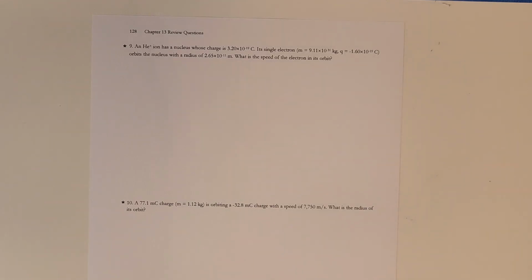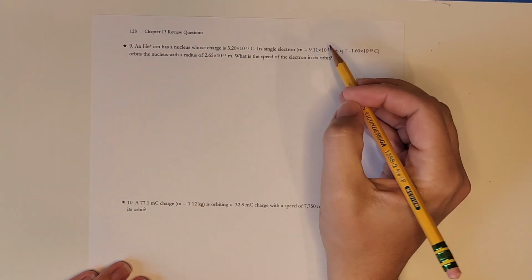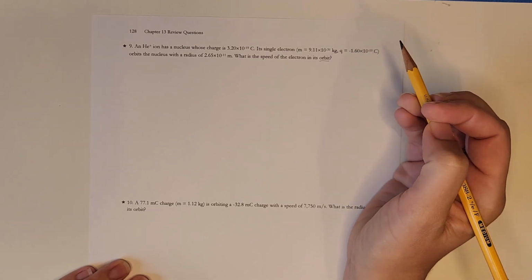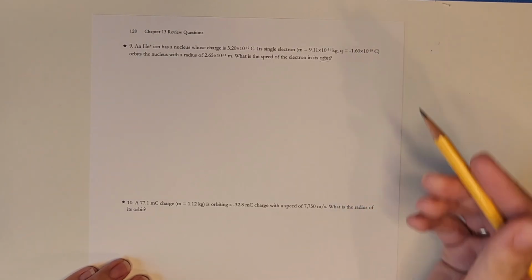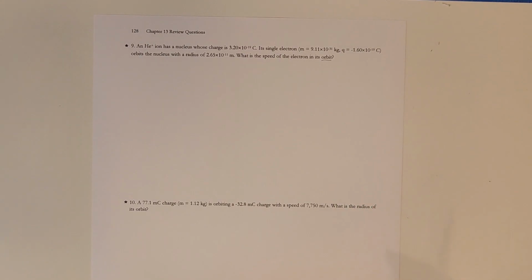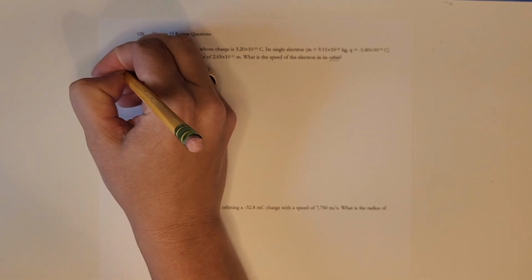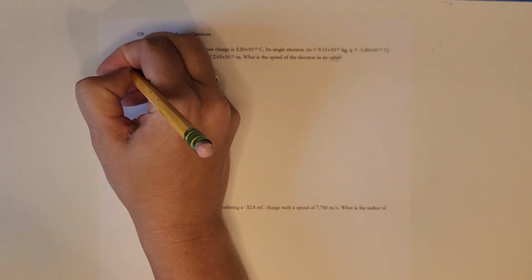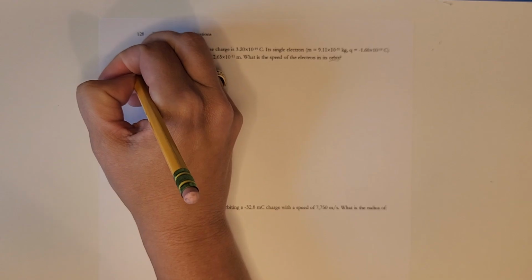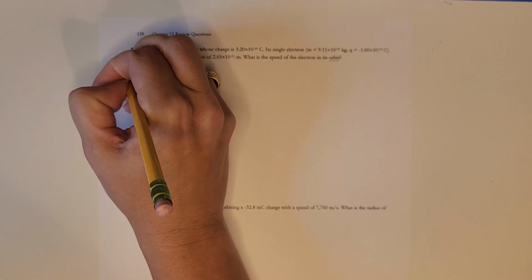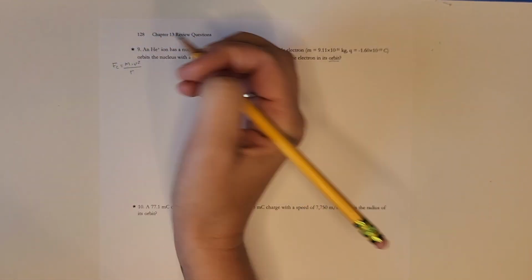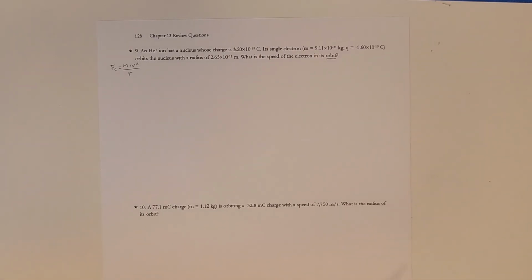Because we are using orbit here, we are going to need to use centripetal force. So this is way back from chapter 7, equation 7.3. The centripetal force equals mass times velocity squared divided by the radius. Okay.